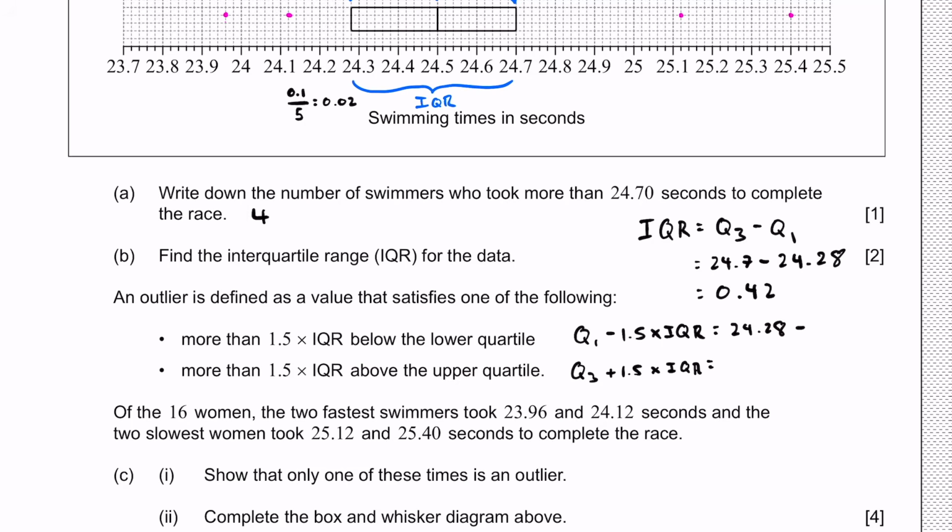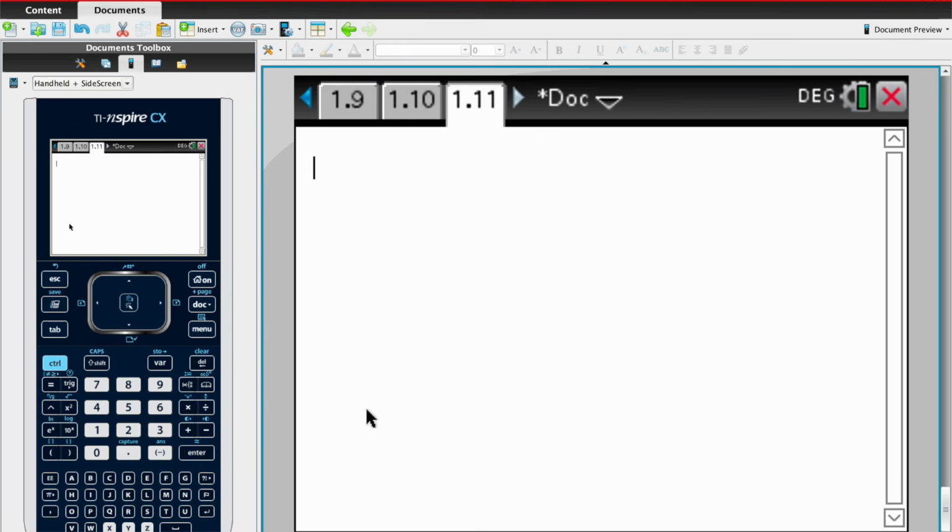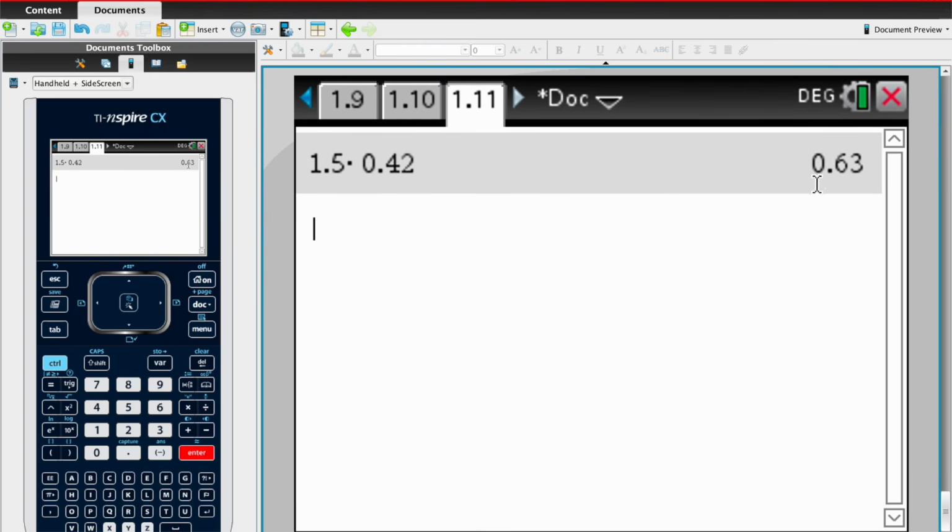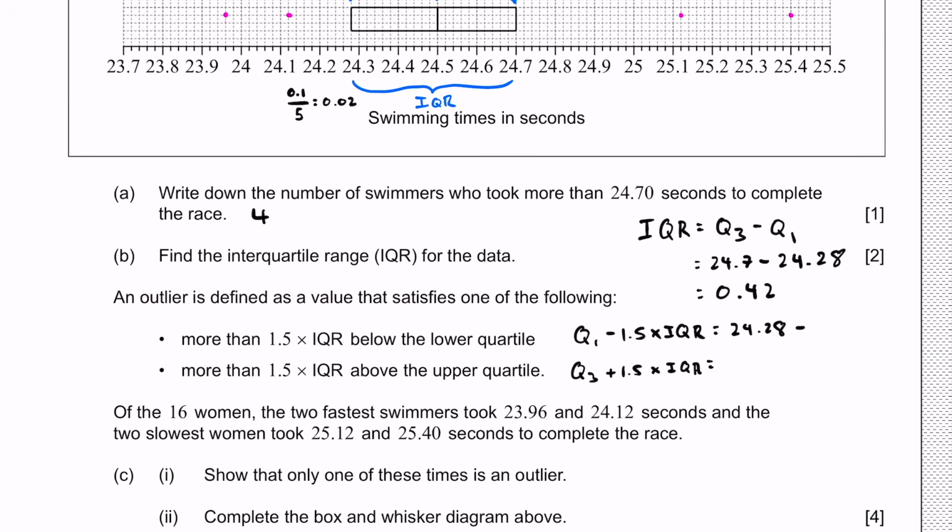So let's go to the calculator for a sec. 1.5 times IQR, and the IQR was 0.42. So this is 0.63. So 24.28, going back to the document here, minus 0.63.